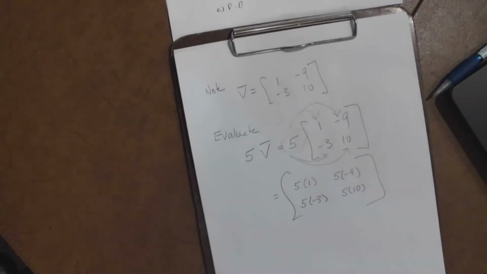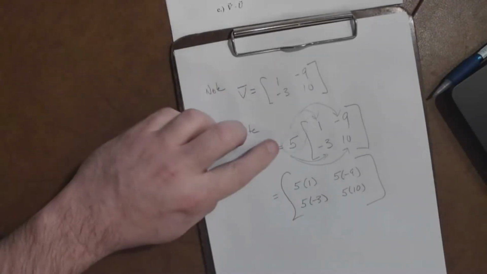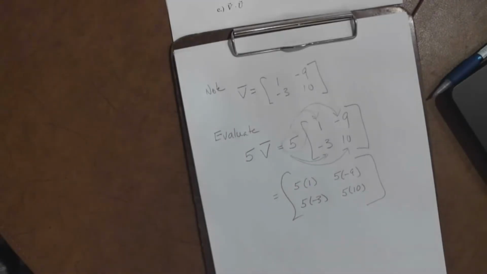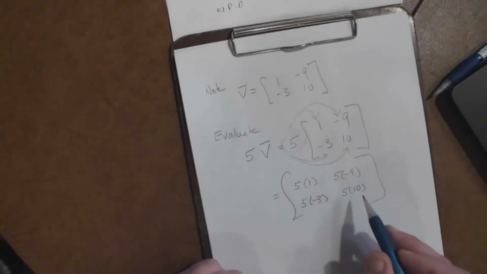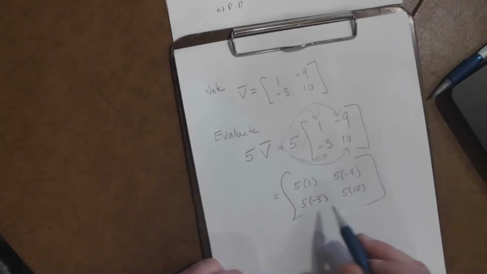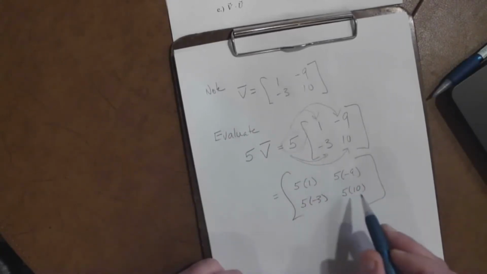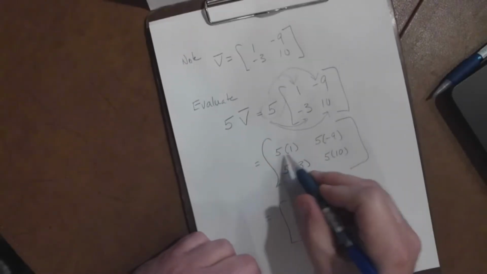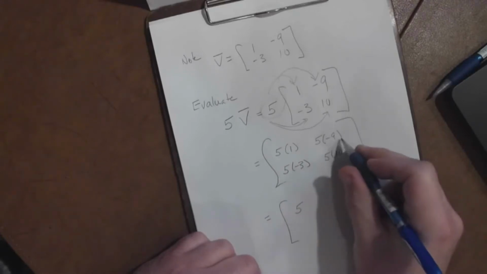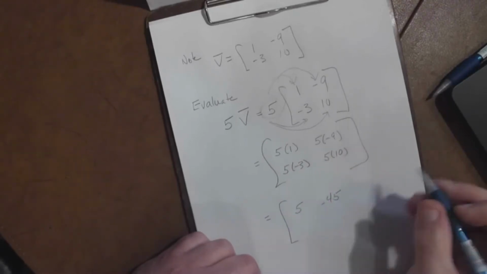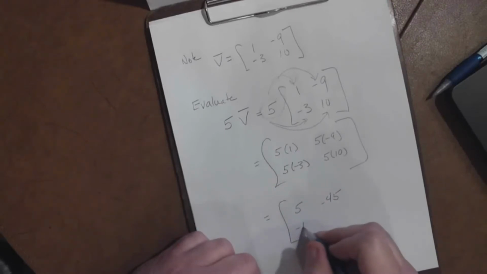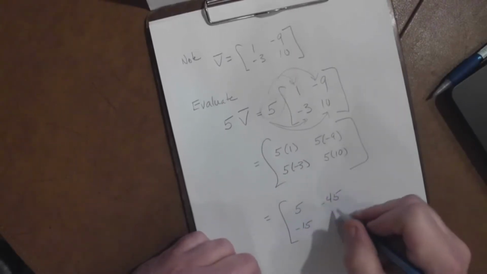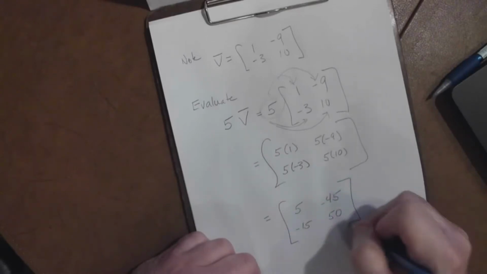You will form a matrix that resembles the scalar product of matrix V with the scalar multiple of 5, where in each of these locations you can now perform this scalar product with the components. This is equal to 5 times 1, which is 5, 5 times -9, which is -45, 5 times -3, which is -15, and 5 times 10, which is 50.